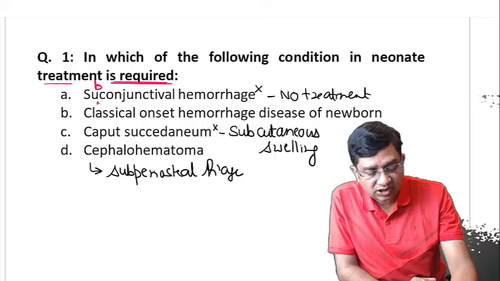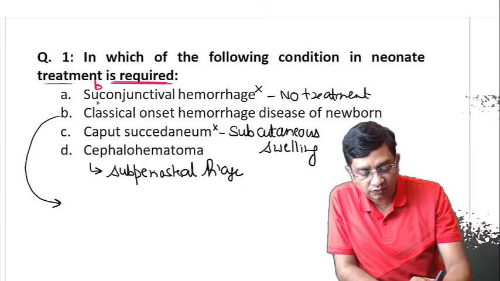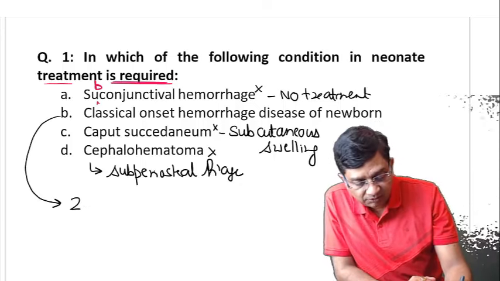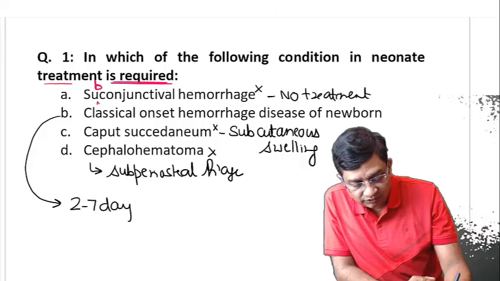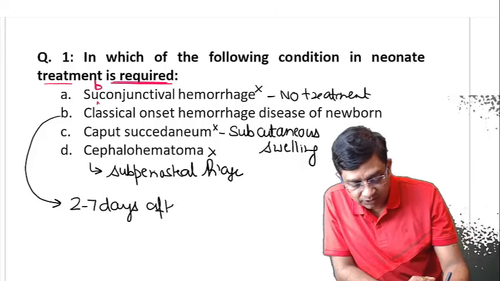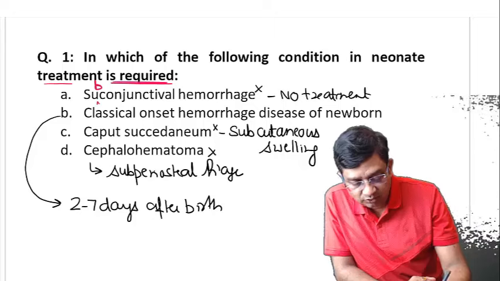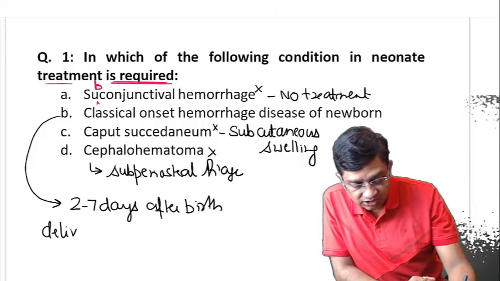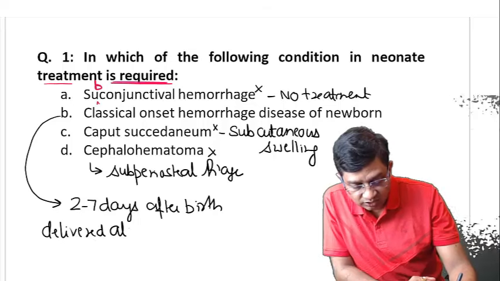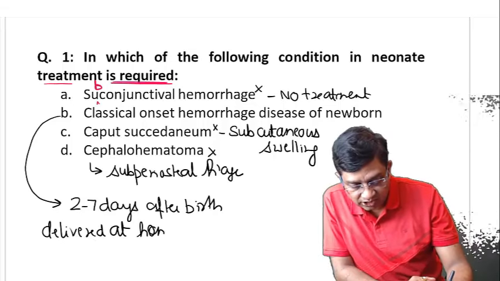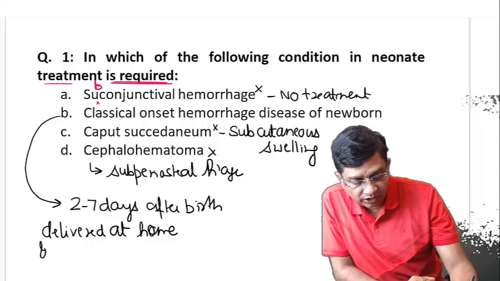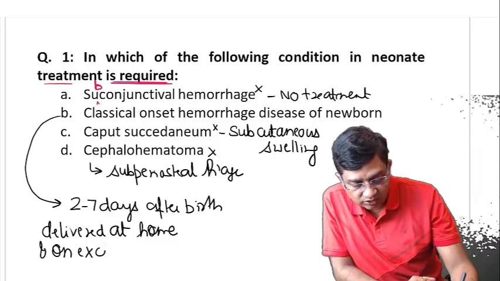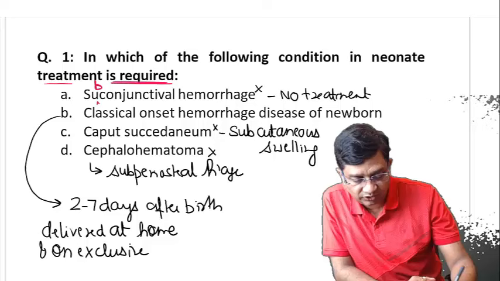But the classical onset hemorrhagic disease of the newborn is seen between 2 to 7 days after birth, in a child delivered at home and on exclusive breastfeeds.